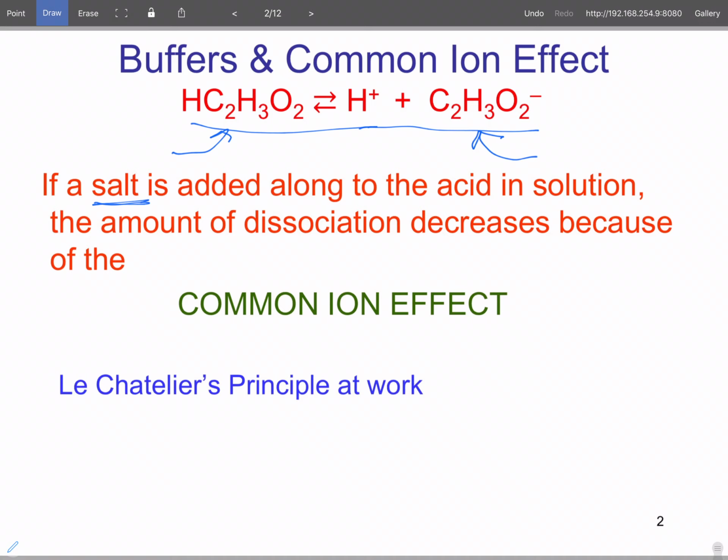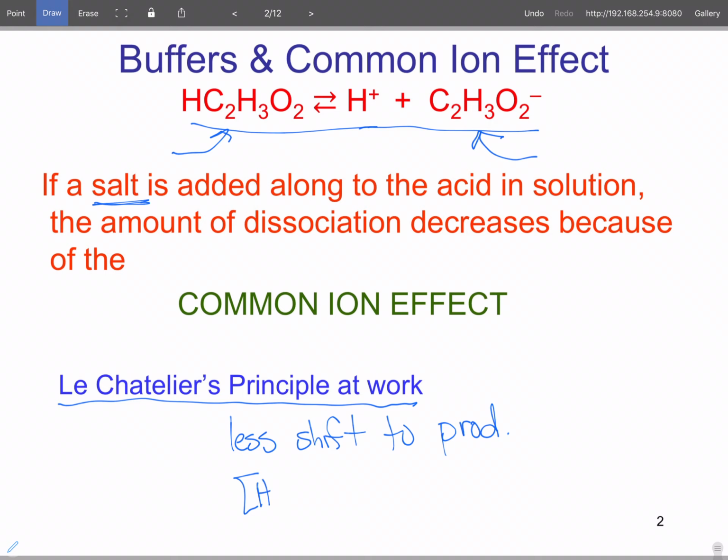And what happens when you do this is you have Le Chatelier's principle at work. So it's still going to shift to the product side, but it's not going to shift as far. So you're going to have less shift to the product side. Now, why is that important?